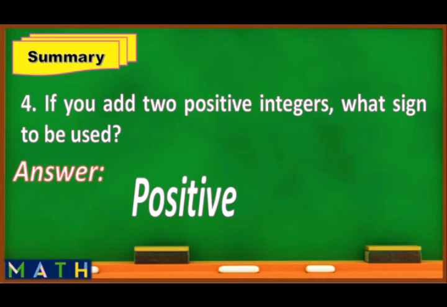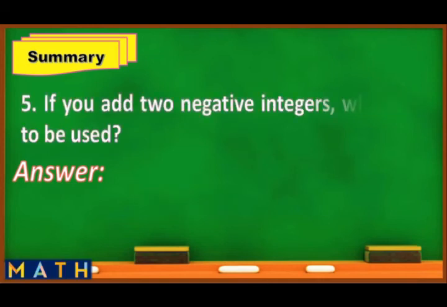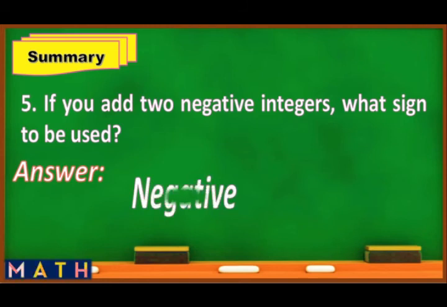And for question number 5, if you add two negative integers, what is the sign to be used? Very good! Adding two negative integers produces a negative sign.